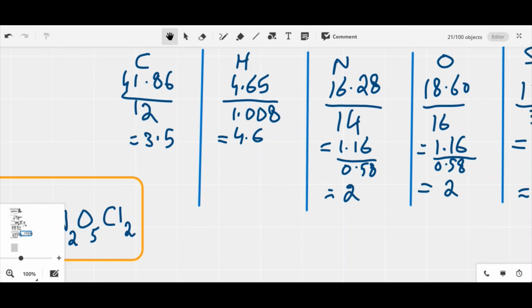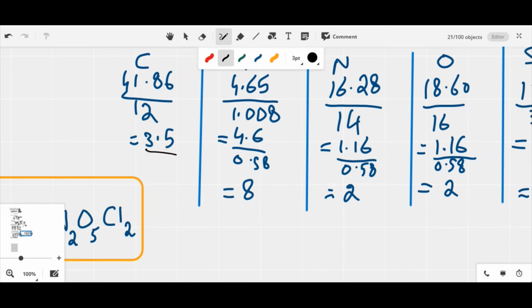In this case 4.6 divided by 0.58, so we got 8, while 3.5 divided by 0.58, we got 6.